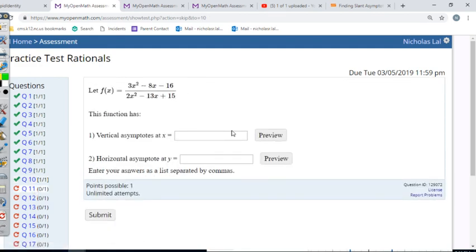All right, need to factor for the vertical asymptotes. Let's just do 3x and x. Minus 4 plus 4, yeah. X minus 4, 3x plus 4.